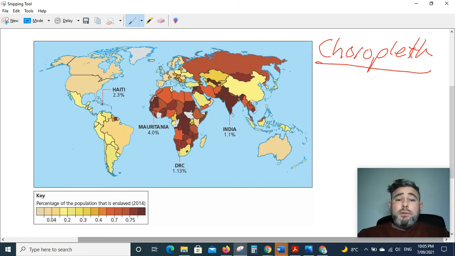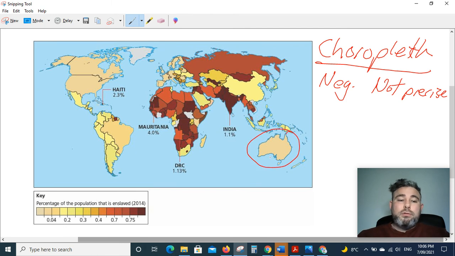So if we look at this, we are able to use not precise data a lot of the time. That's one of the deficiencies or negatives about using a choropleth map. It's not always precise. It's not always the case that we're able to look inside a country. So if we look at Australia, for example, Australia's got this nice sort of light neutral tone, which if we look down here at the percentage of the population, sort of fits in here.